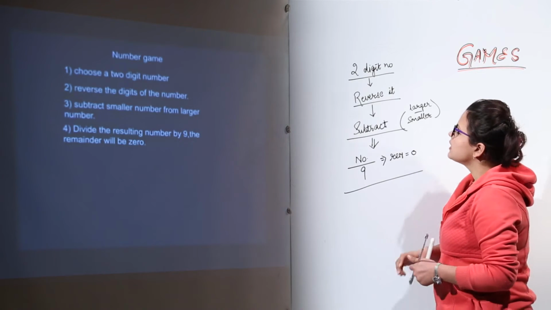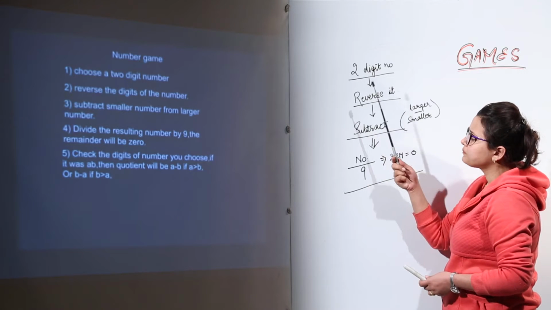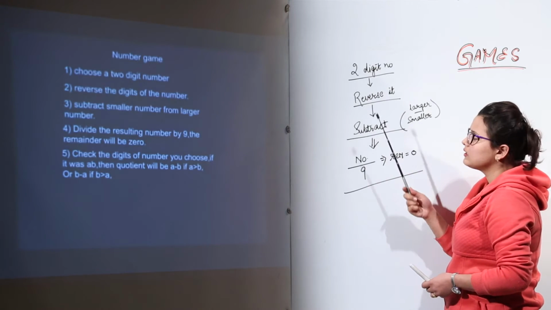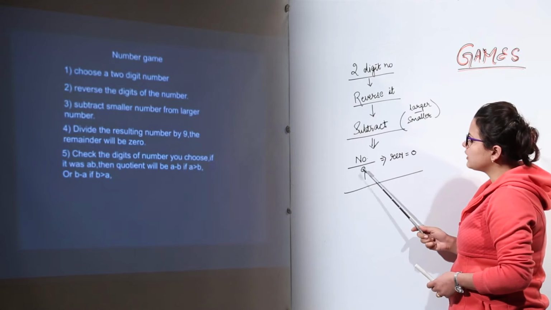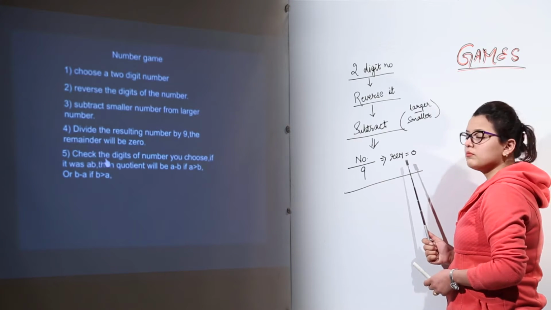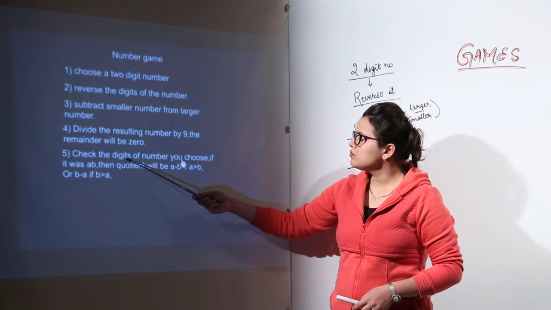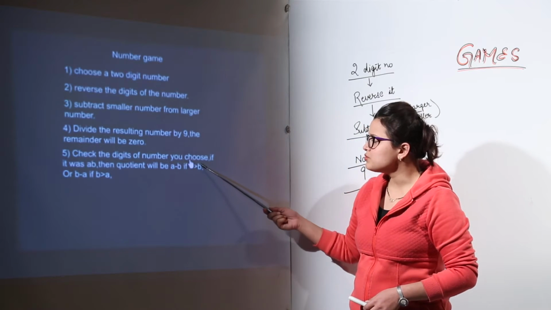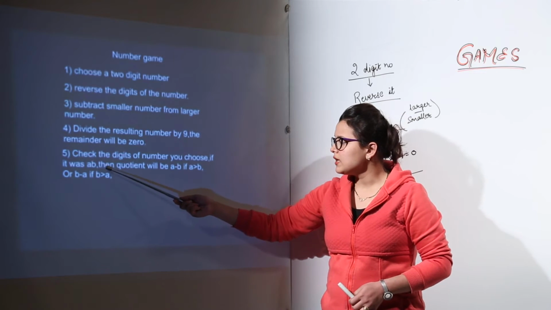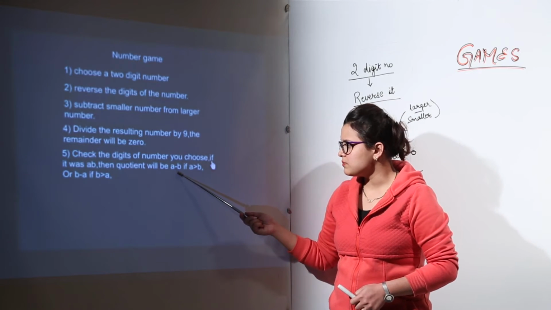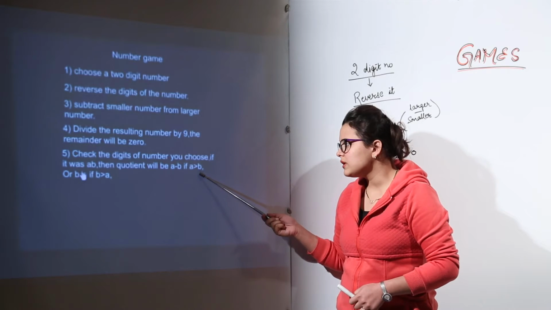Now that means any 2-digit number taken, reversed, subtract both the numbers, you would get a number divided by 9. You will find the remainder to be 0. Now please read this. You would check the digits of a number you choose. If it was AB, then the quotient will be A minus B if A is greater than B, right?